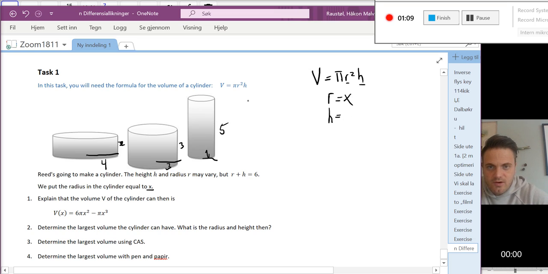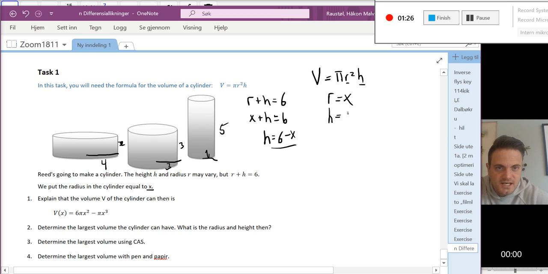We know that r plus h equals 6, right? And we have called r x, so x plus h equals 6. Now I isolate h and I get 6 minus x. So h is 6 minus x.